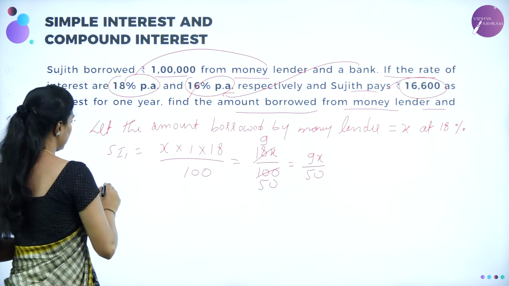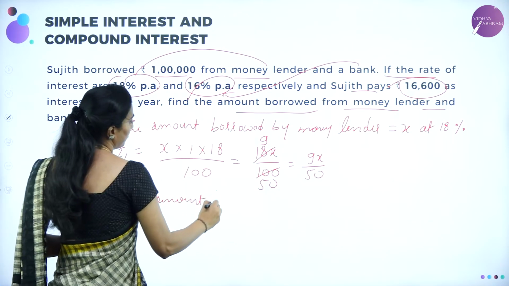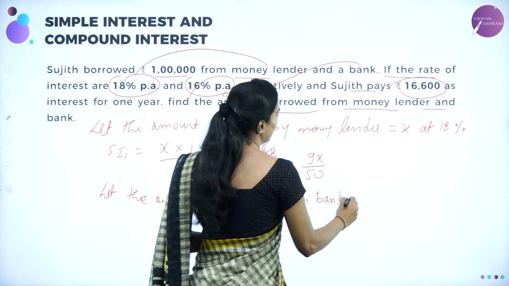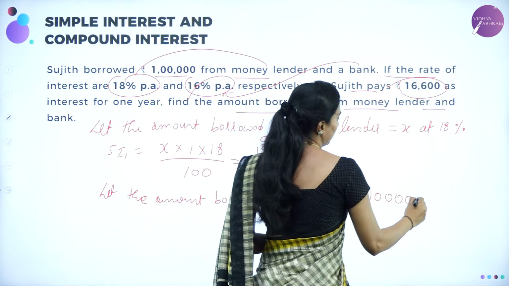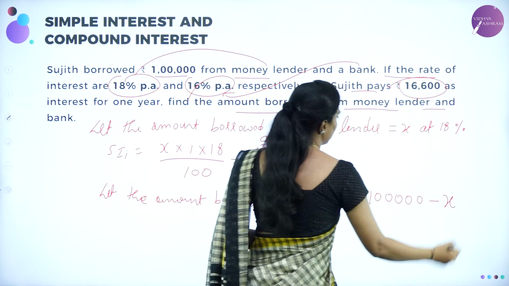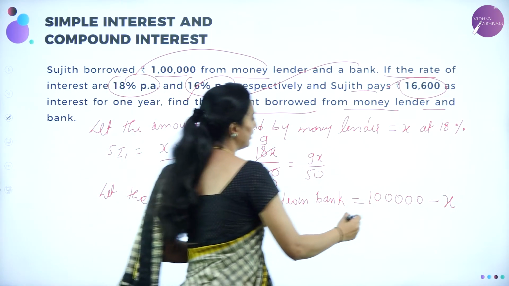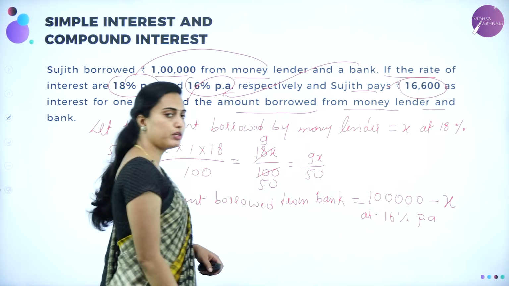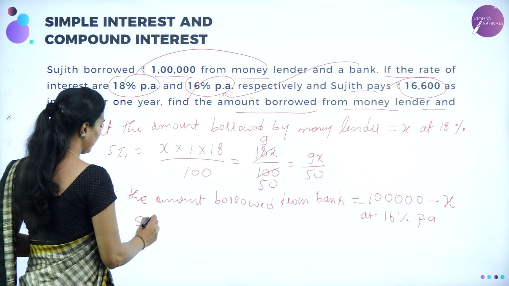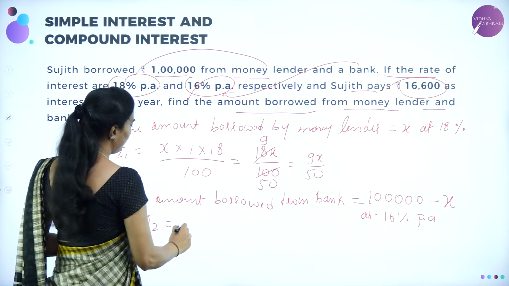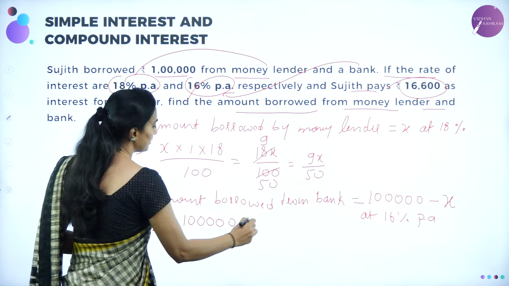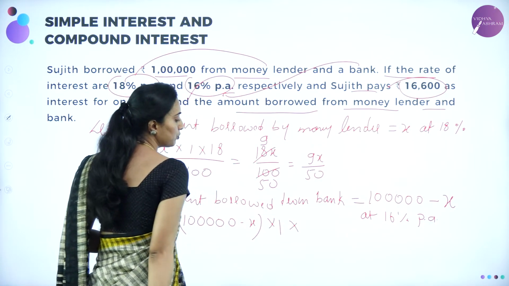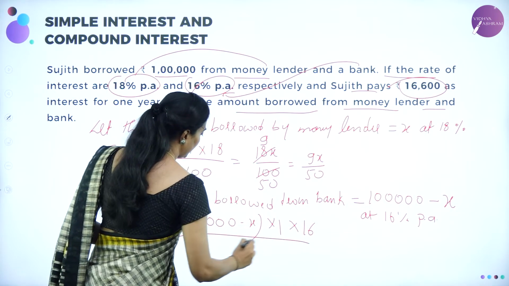Again, let the amount borrowed from the bank be 1 lakh minus x, isn't it? For 1 year at 16% per annum, SI2 is equal to the principal amount 1 lakh minus x, into the rate of interest 16, year 1, divided by 100.